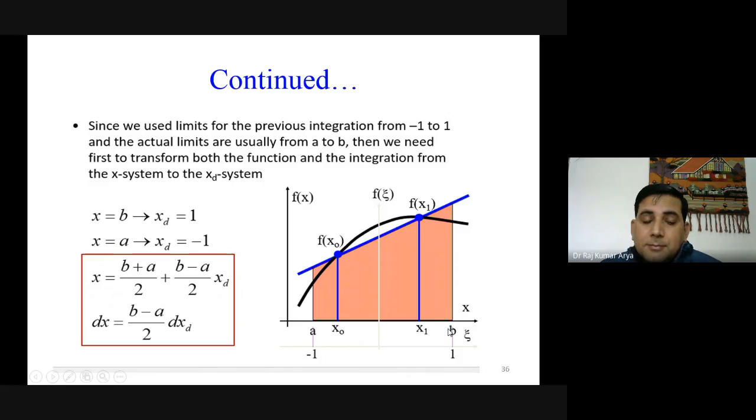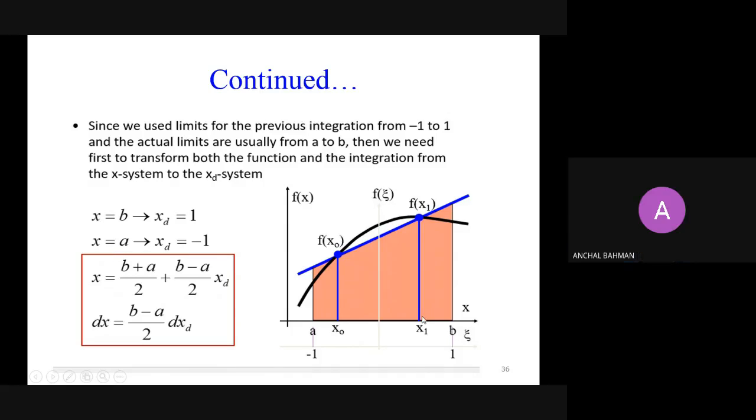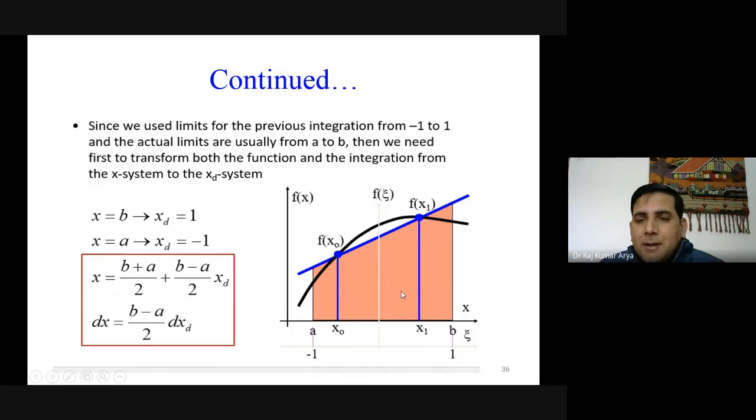Previously, it was a function of x, which is getting changed from a to b. In between, it was a function of x. So you have f(x), and for x equal to a, you have some function value, and for x equal to b, you have some function value.